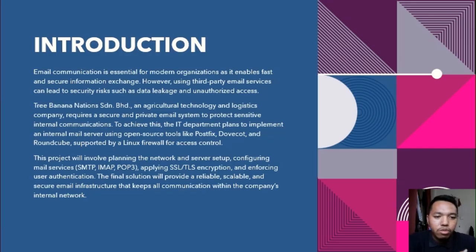So we need to do the configuration such as mail service, applying SSL, TLS encryption, and enforcing user authentication. This is to make sure that the company will be more secure in their data and communication.